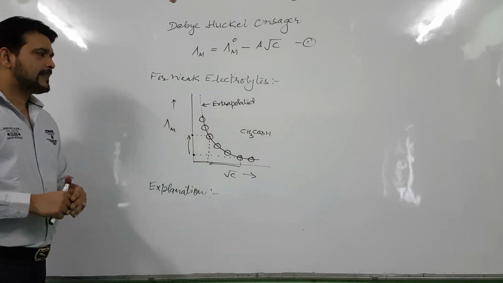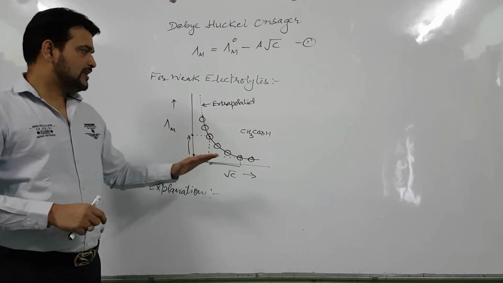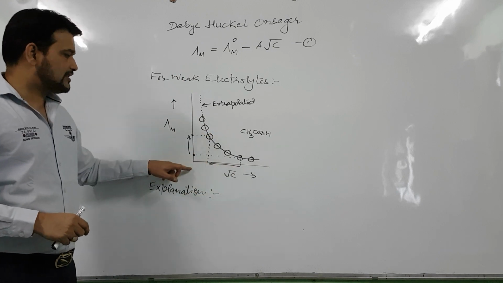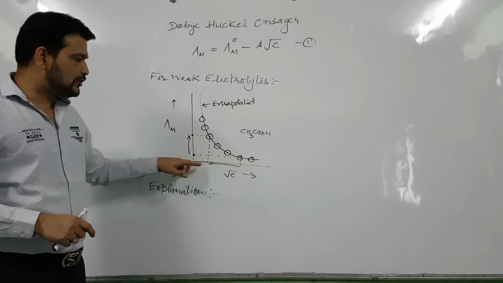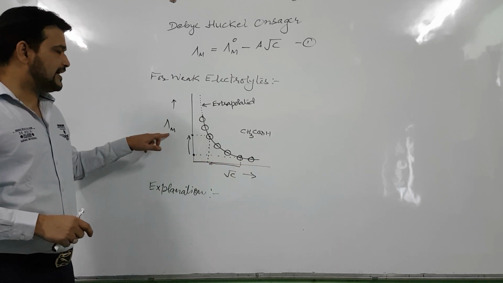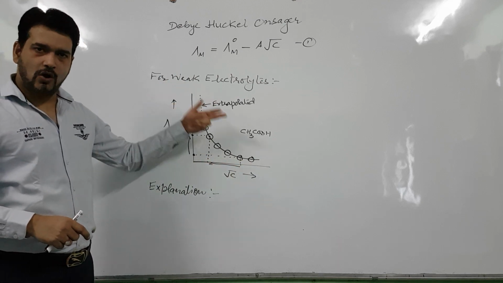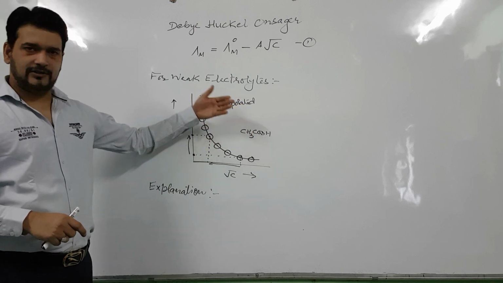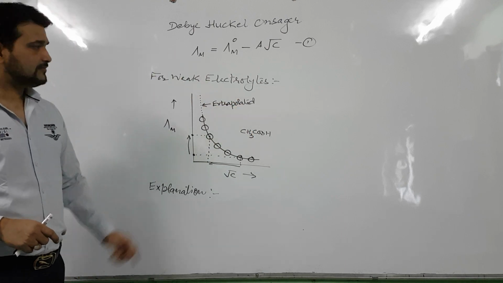So this is a very simple explanation that for a weak electrolyte, with a decrease in concentration, meaning with addition of water, the molar conductance increases because more and more ions of the electrolyte are obtained.